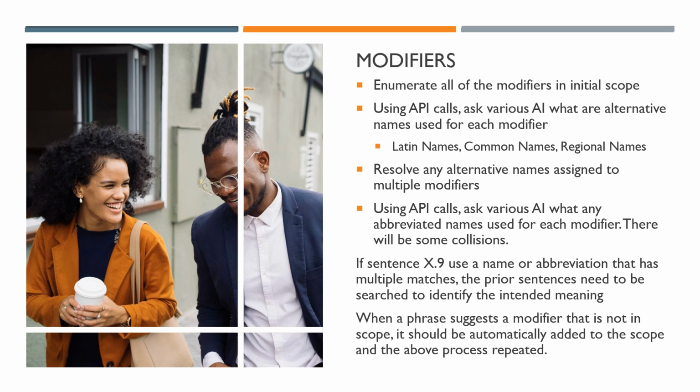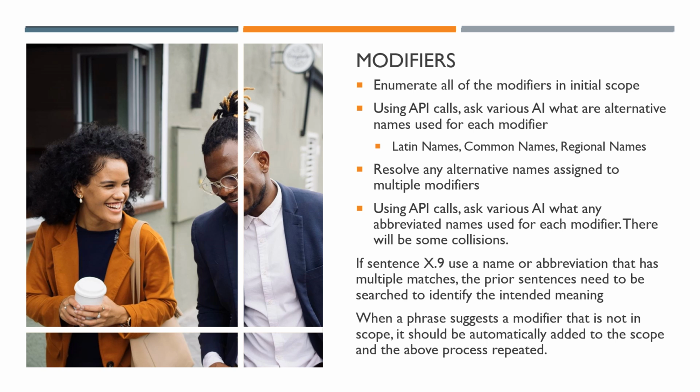In some cases, you have to actually break things down to the components to identify which one it is. As above, we resolve any alternative names assigned to multiple modifiers. So if an alternative name shows up and there are multiple modifiers, you know you need to branch your processing into identifying which is the likely correct modifier.